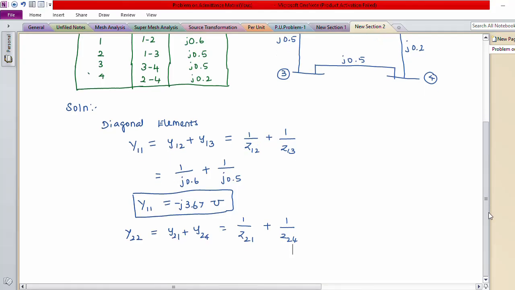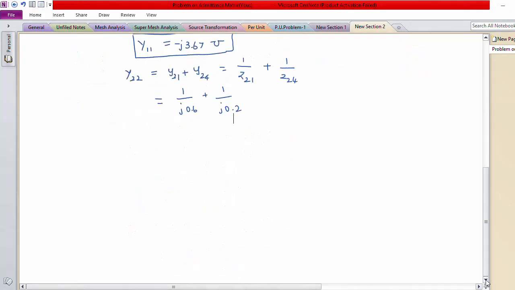That you have to substitute and simplify. We will get y22, 1 by j 0.6 plus 1 divided by j 0.2. If we simplify this value, we will get the equation as the value of y22 we got j 6.67 mho.